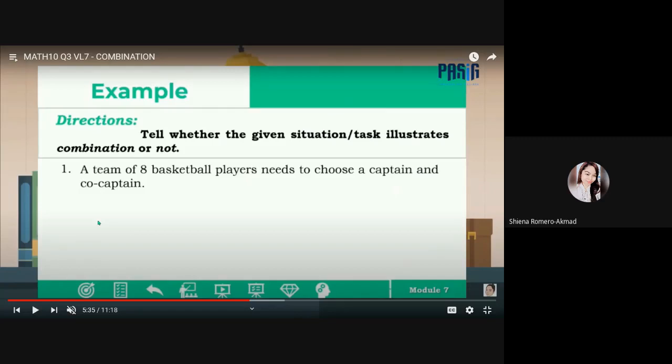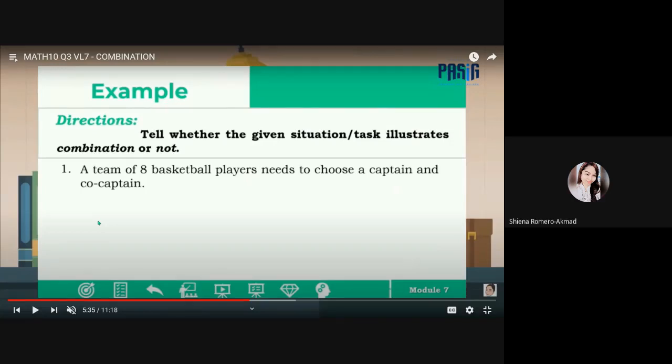Why not? So, pwede naman yun. Pwede siyang pumili ng kahit sinong gusto niya to be the captain and the co-captain. But, like for example, ginawa natin si Alberto bilang the captain. Tapos si co-captain natin sino ba yung nakita ko kanina? Si Abad. Ayan. So, captain si Alberto, co-captain si Abad.